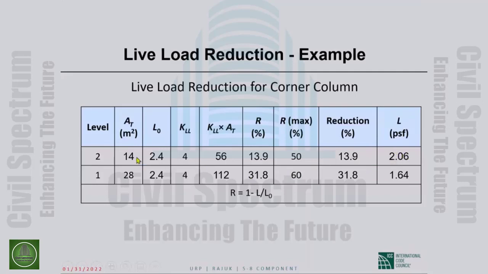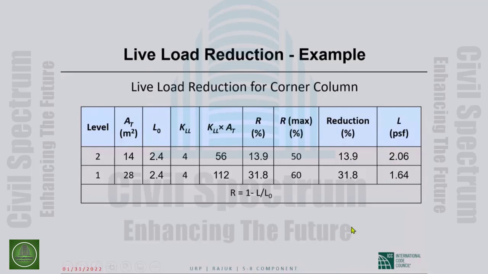This number is the 2.4 multiplied by 1 minus 13.9%. If it is 13.9% reduction, then 86.1% of the unreduced load is the reduced load. Okay, so this is the 86.1% of 2.4, 2.06.